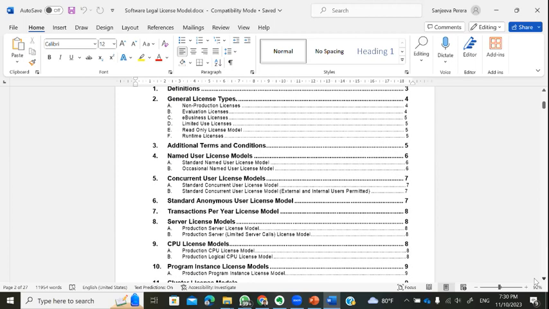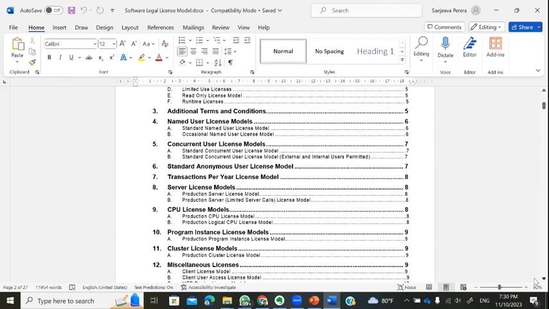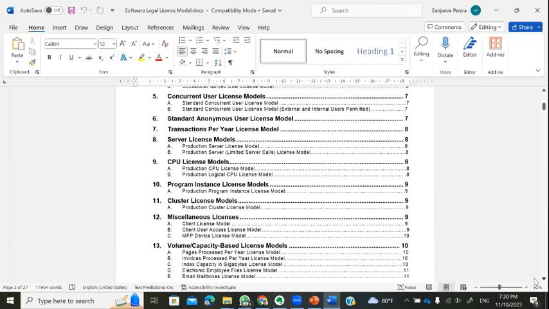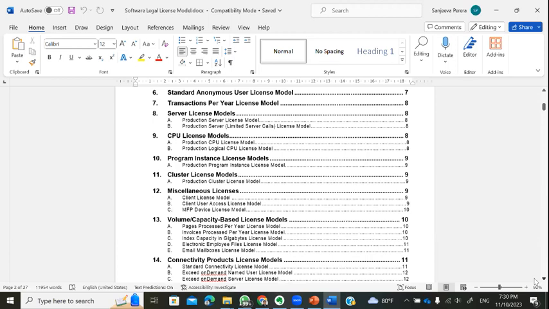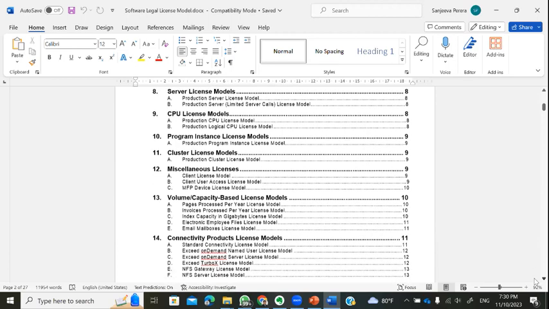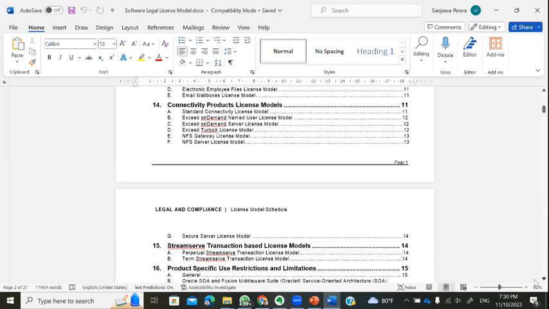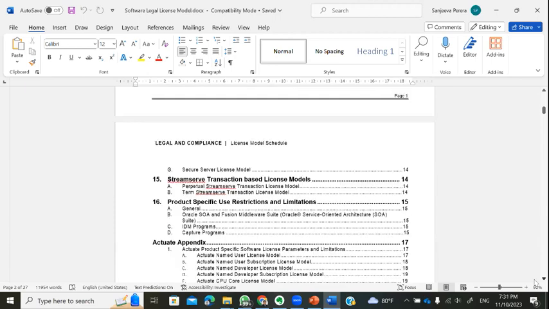Then you get the named user license model. Then you have the named users or concurrently people who can use it, concurrent user license. So different like transaction per license model, server license model, CPU license model, you know, SAP and all that, sometimes in the cloud they use the CPU license, program instance license model, cluster license model, miscellaneous license, volume capacity based license model, connectivity product license model, and the stream serve transaction based license model, product specific use restriction and limitation.